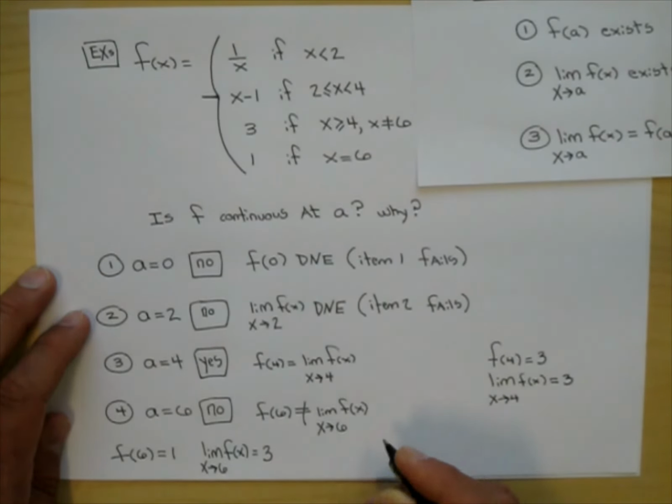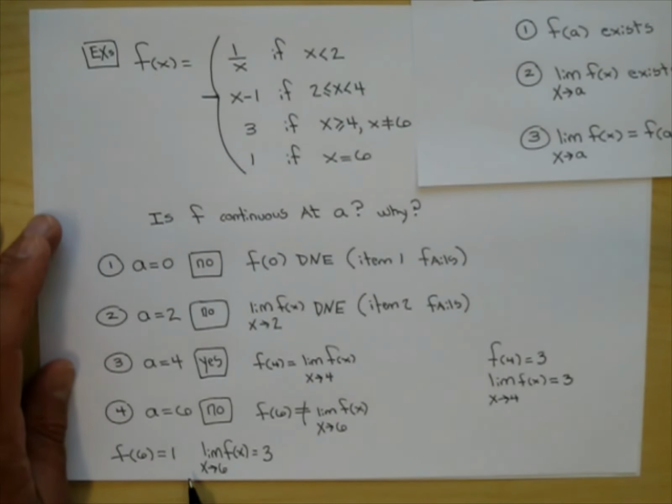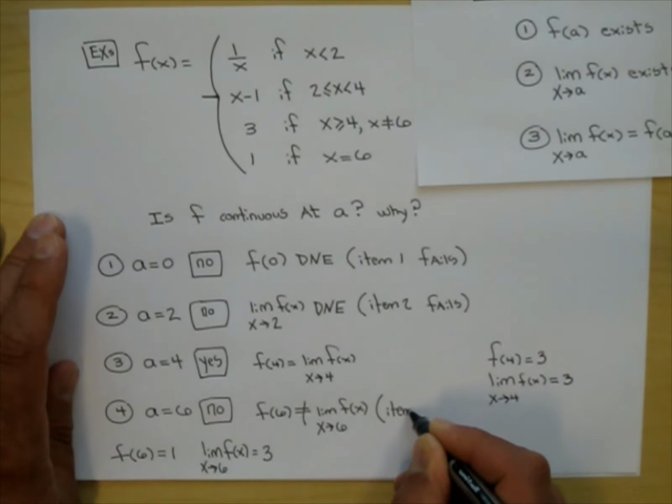What that would look like on a graph would be a hole in the graph at 6, and then, yeah, below the hole would be a point. Okay, at 6, 1.